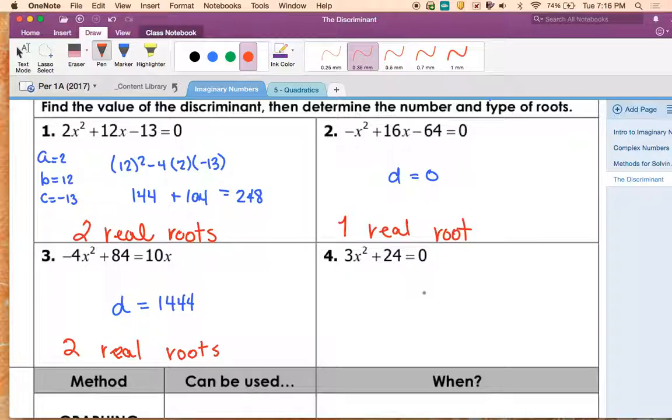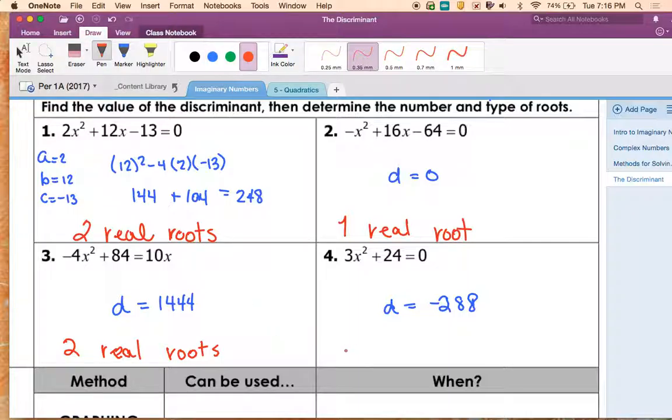And number 4, the discriminant is equal to negative 288. Oh, come on.